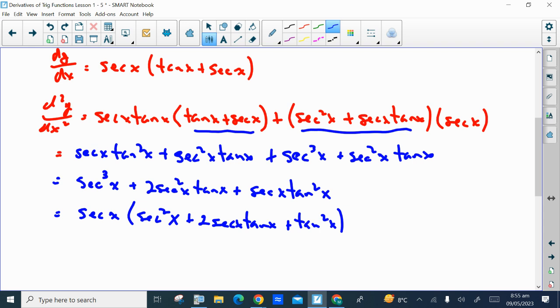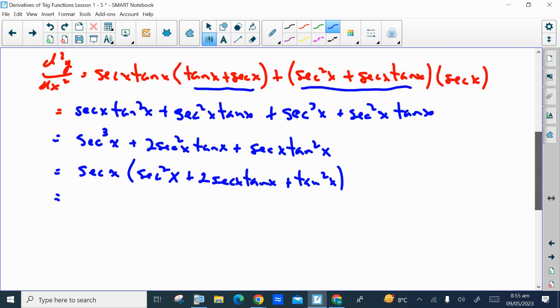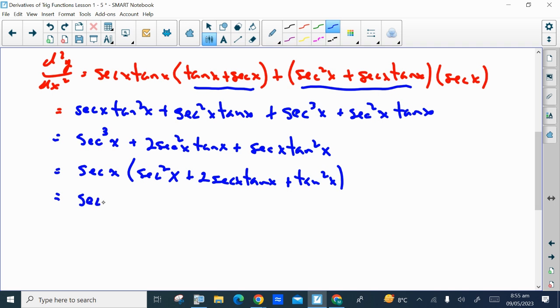And when you do that, I think we can factor that trinomial. This will all make it easier to evaluate for our different values on our number line. It should be sec x plus tan x all squared. So that just makes it a whole lot simpler.